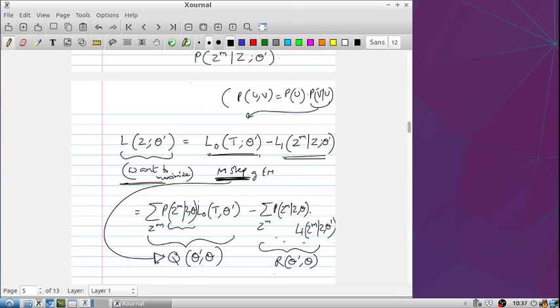Why is that? This is essentially saying I have data: Z is the data, theta is the parameter. I want to hallucinate the different values that Zm, the unseen data, can take.